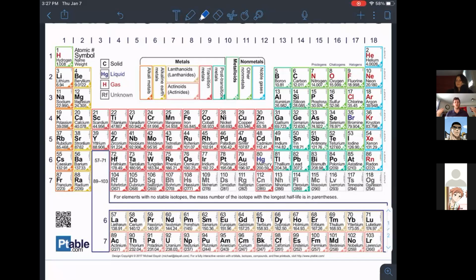And that's because of our orbitals. The more orbitals, because we go down each row, we gain an energy level or orbital, which means we are getting larger. Those electrons are getting farther from the nucleus. What about as we go across the periodic table? Are we going to get bigger or are we going to get smaller?